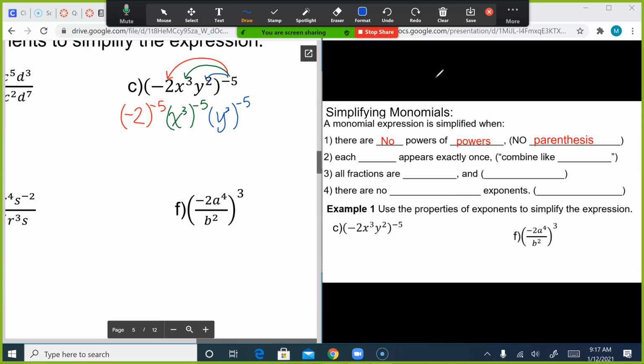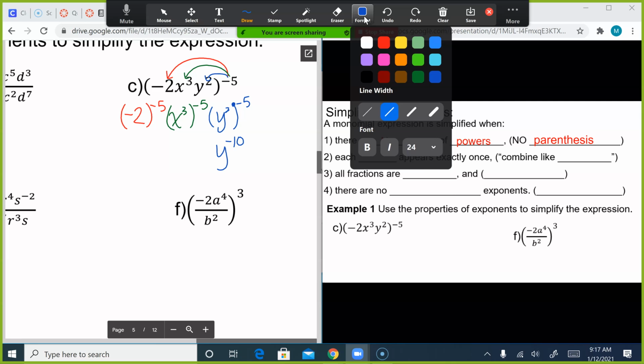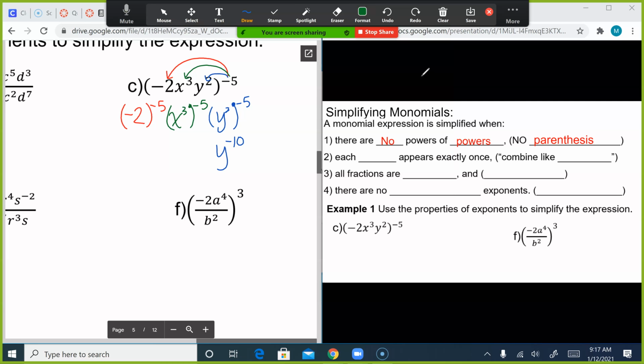So for the variable parts, the rule for a power to a power, when I have exponents right next to each other, I multiply them and get negative 10 here, and multiply these two and get negative 15 there.